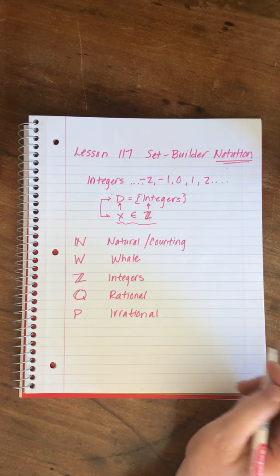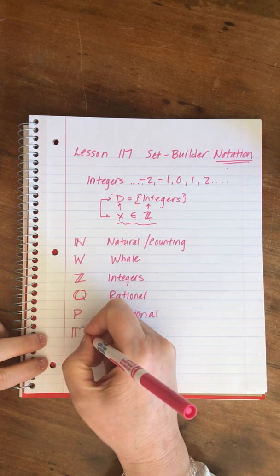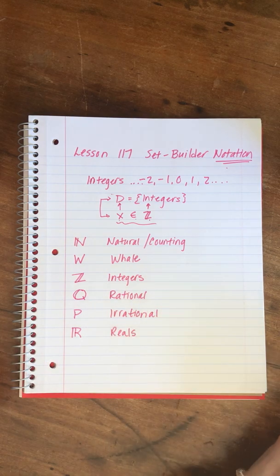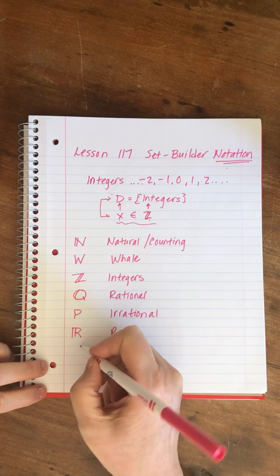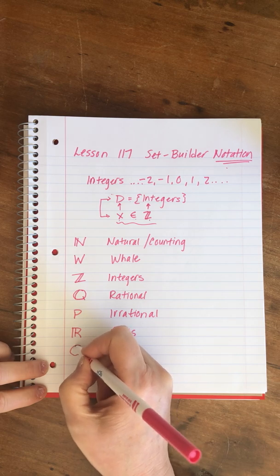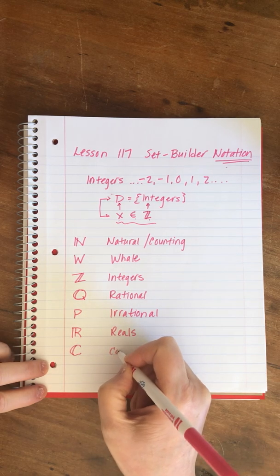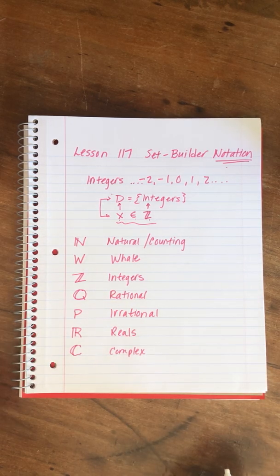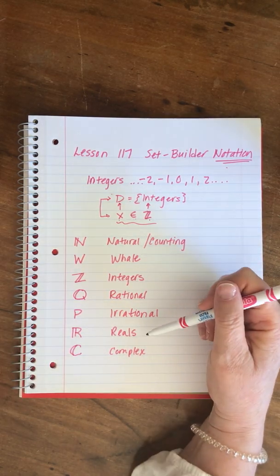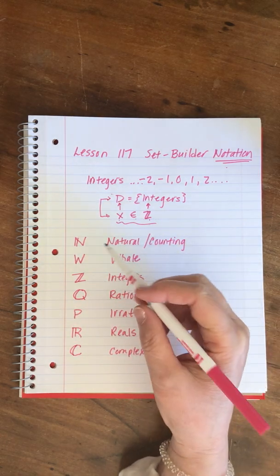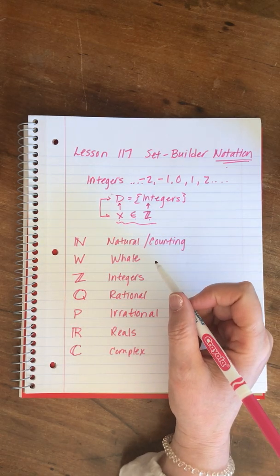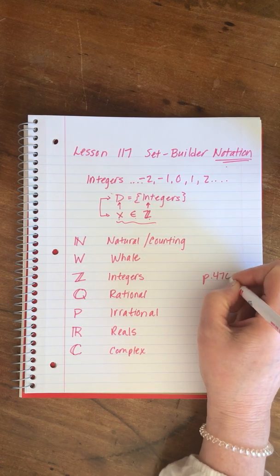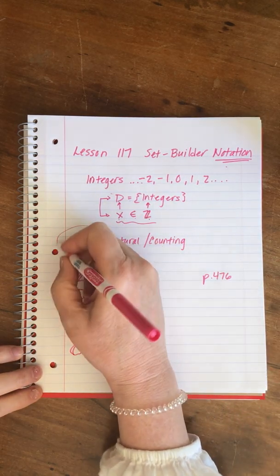And here's the one that we use a lot in our problems, the reals, right? And then the biggest set of all, again, this is not a symbol we're going to use real often, is a C. This is the complex. It's kind of a fun little exercise in calligraphy to make these letters. Here's what they mean. This information is also provided with a lot of other details on page 476. Okay, puffy cloud of knowledge here.